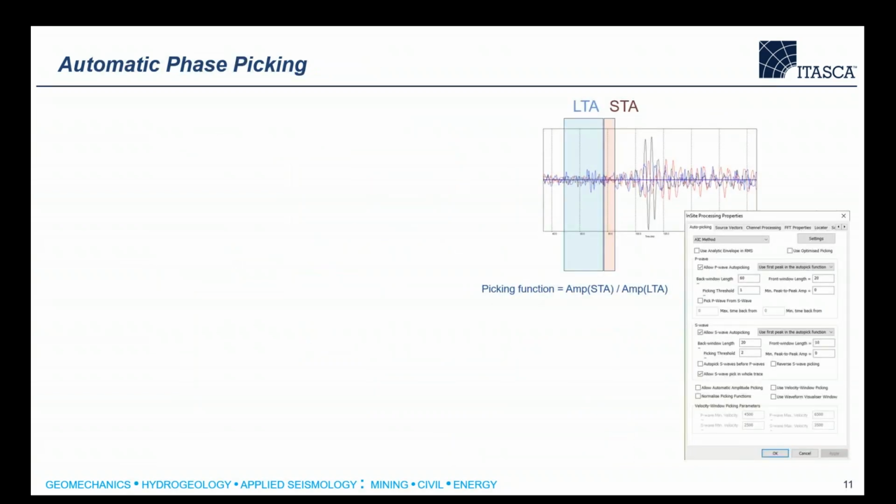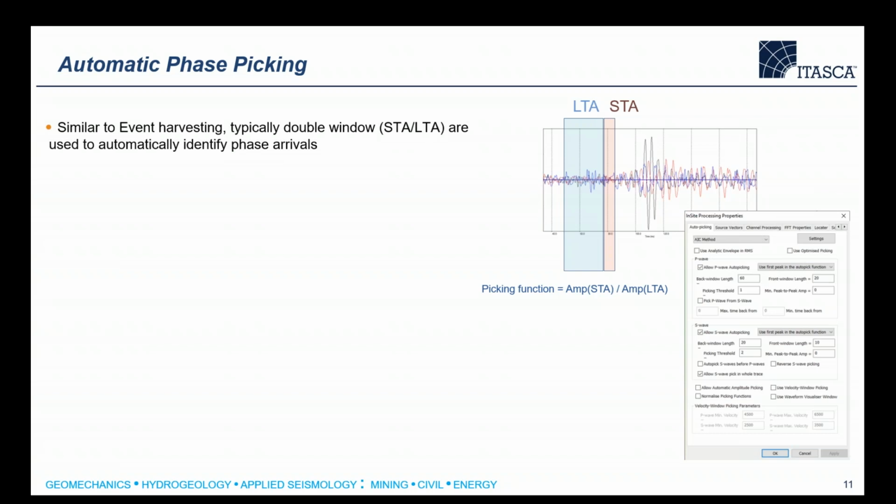How is it done in InSite? It's very similar to what we've done now with the leach, only that it's done trace by trace. It's looking, in this case, at a single trace through this double window, and we set a criteria that will tell us that there is a signal arriving at that point. The signal is above the noise for some criteria.